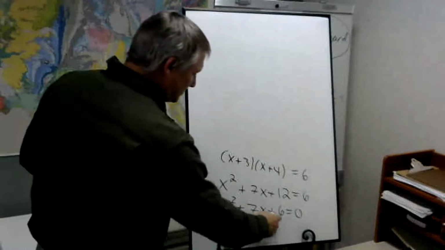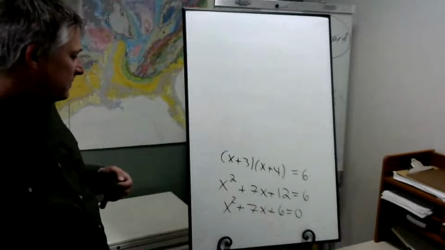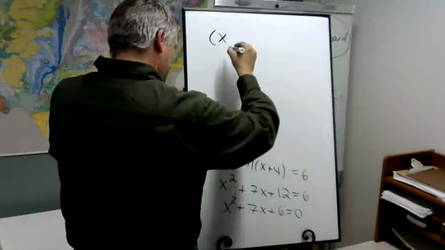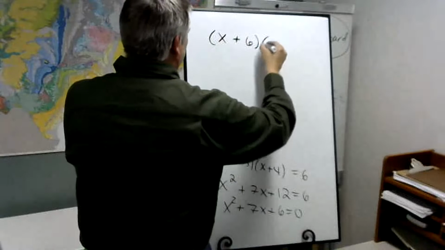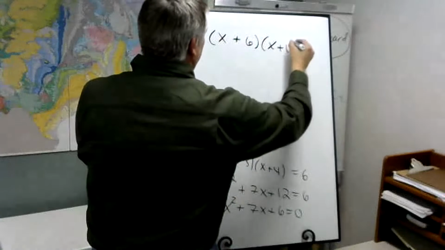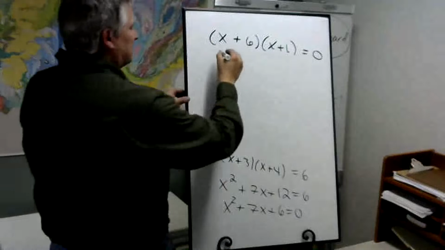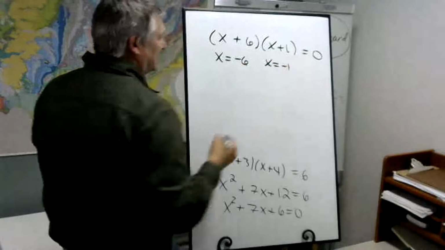And then we can solve this quadratic for the values of x. So if we do that, we get, let's see, x plus 6, x plus 1 equals 0. So that means x is -6 and x is -1.